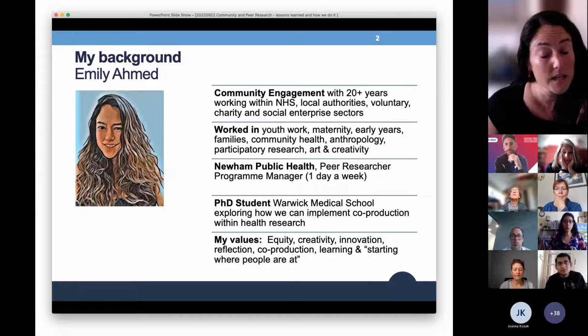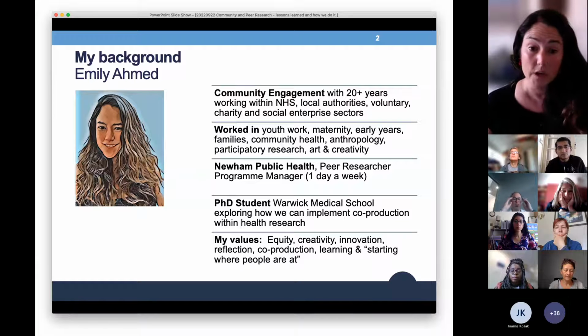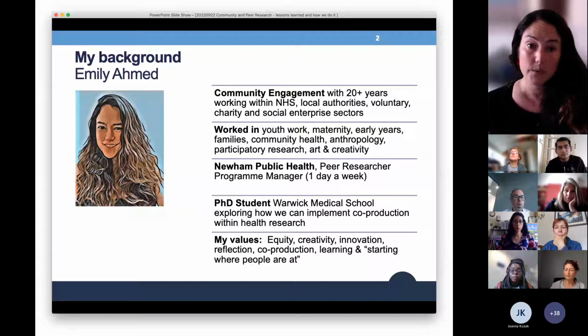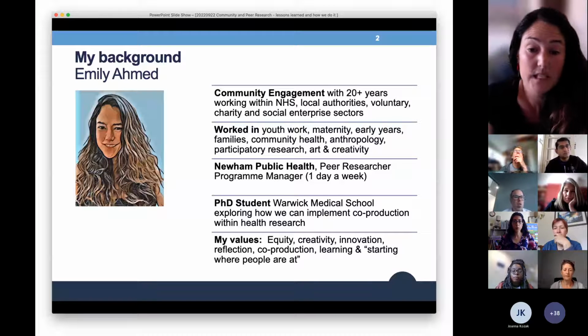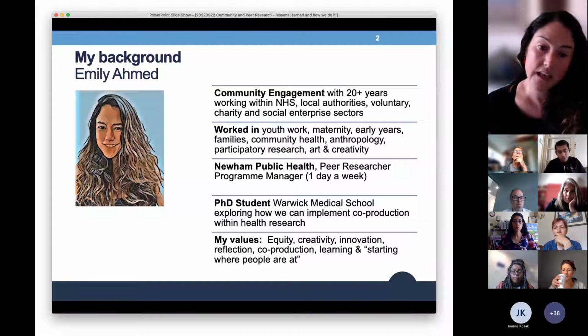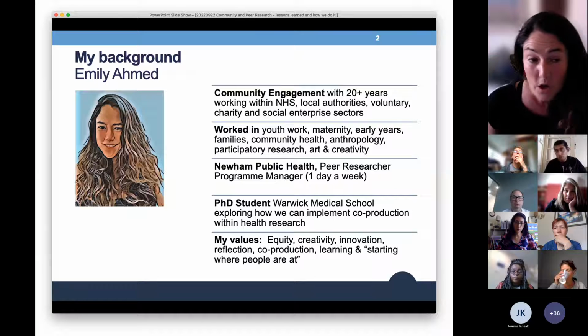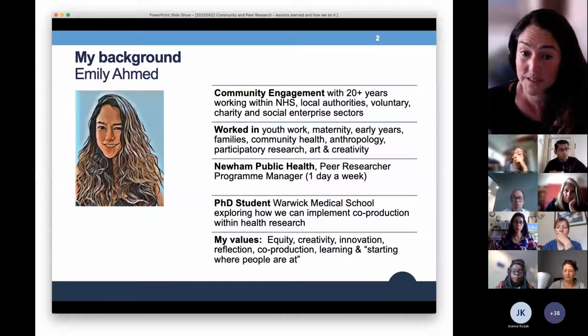I've done a lot of work in maternity services, early years families, and general community health. And my background, and this is why peer research and community research is my area of interest and expertise, is academically in anthropology, and a lot of participatory research comes out of anthropological approaches.